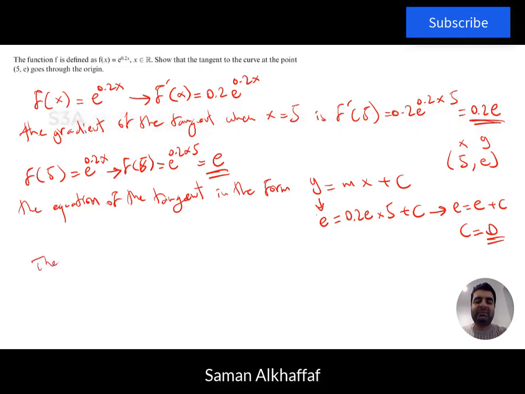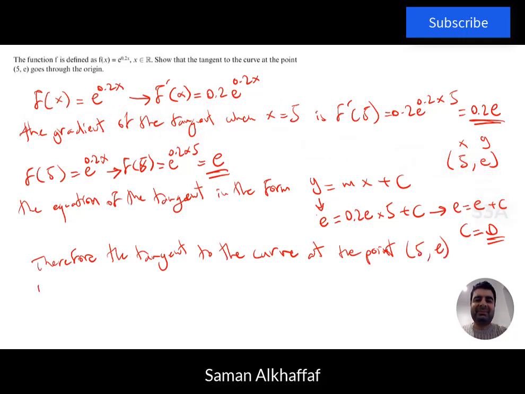Therefore the tangent to the curve at the point 5 and e is in the form y equal mx, because c is 0, and thus it goes through the origin.